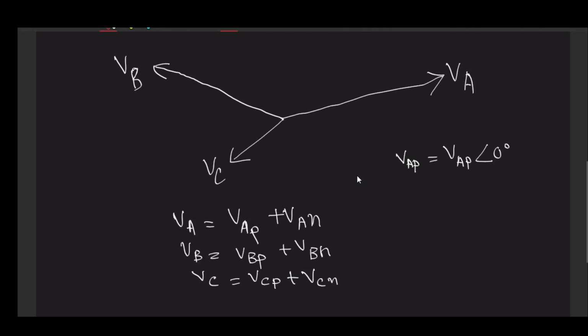Now, as they are balanced, we can write VBP is equal to the same magnitude, only the angle changes by minus 120 degree, and we can write it using an operator, that is A inverse. What A inverse is, I will discuss. And the other one will be VCP is equal to VAP.